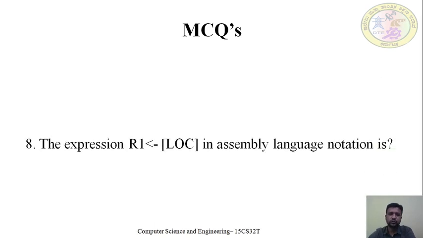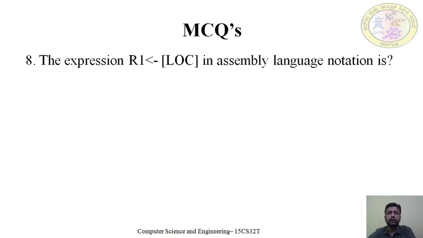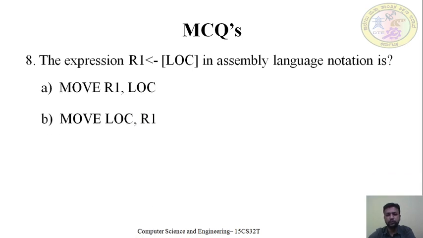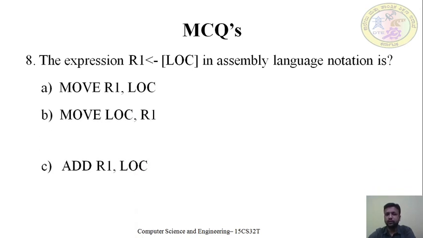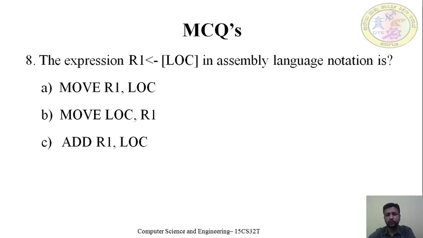Let's go for the next question. Expression R1 left implies LOC in assembly language notation is: A, move R1 comma LOC. B, move LOC comma R1. C, add R1 comma LOC. D, add LOC comma R1.